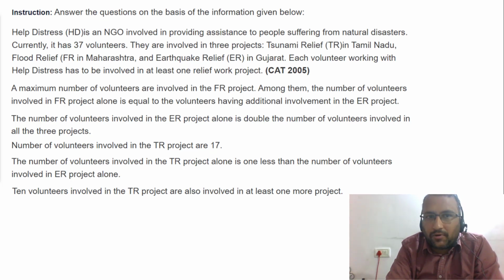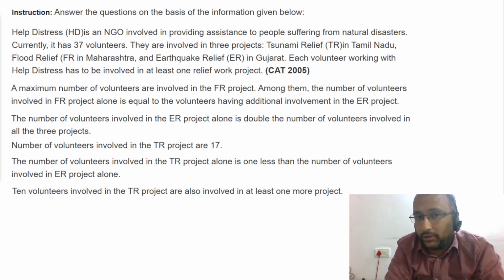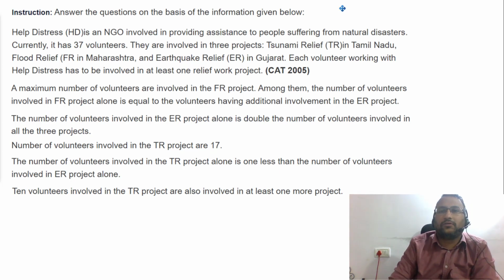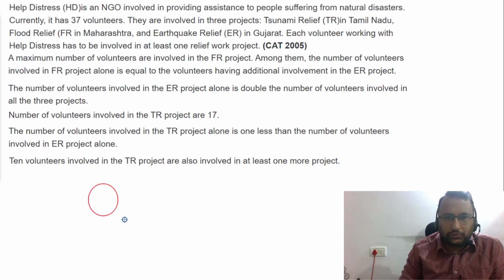A maximum number of volunteers are involved in the FR project. Among them, the number of volunteers involved in FR project alone is equal to the volunteers having additional involvement in ER project. So let's draw the Venn diagram and put all this data in the Venn diagram. We need a 3-set Venn diagram over here.